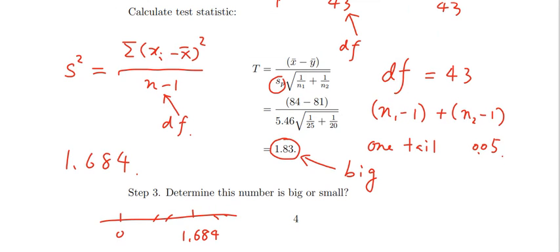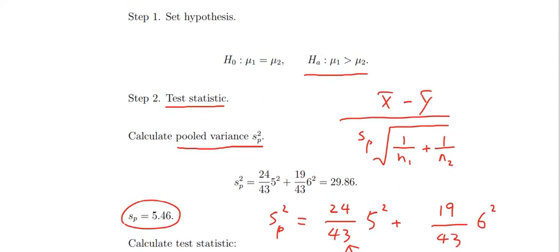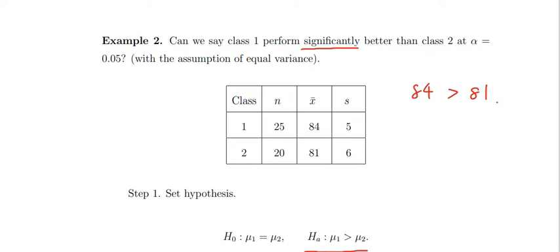So go back to answer the question: can we say class 1 performs significantly better than class 2? We say yes, if we assume the values are equal. We conducted this hypothesis testing with the assumption of equal values.